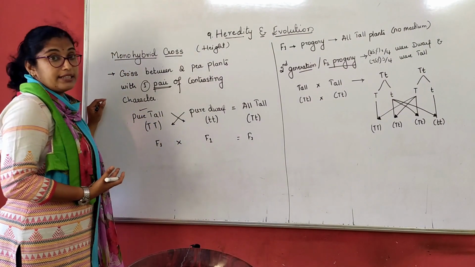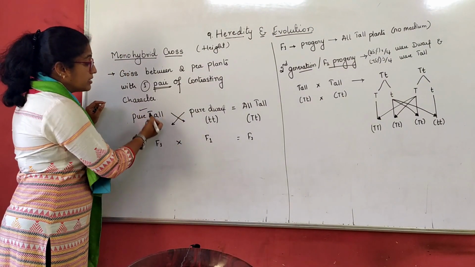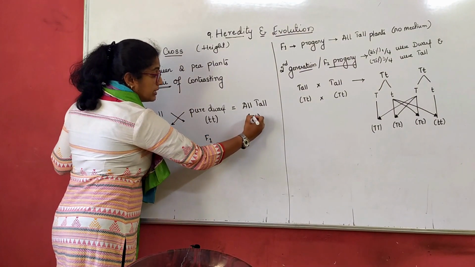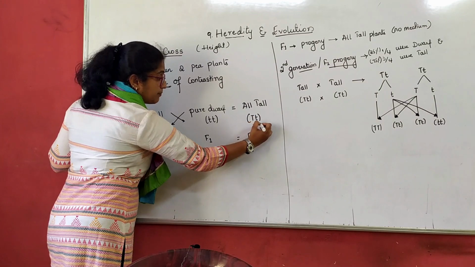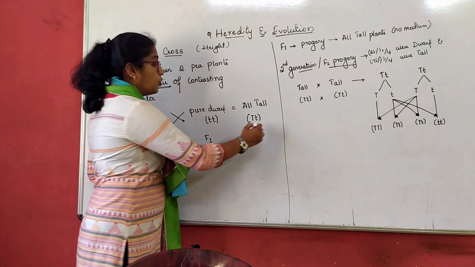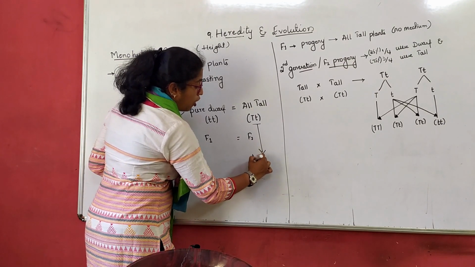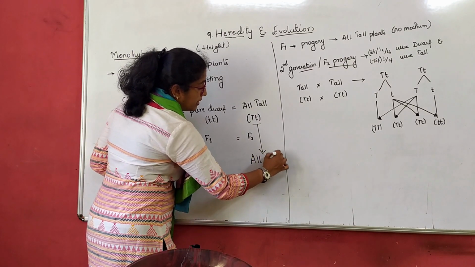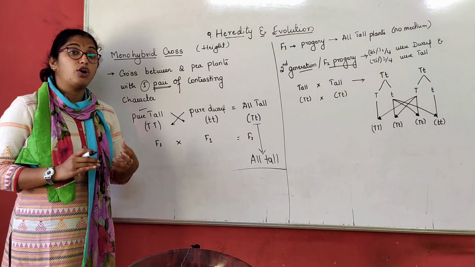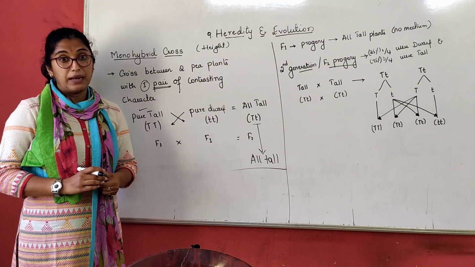So what did we get when we cross hybridized these pure tall and pure dwarf plants? We got T and T. Now what type of plants did we get? We got all tall plants, right? There was no medium height and there were no dwarf plants.